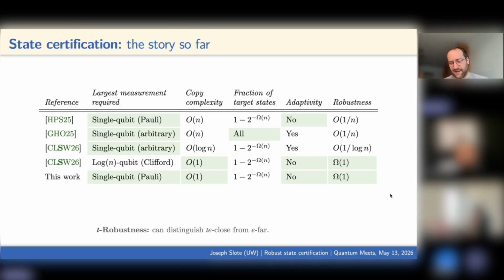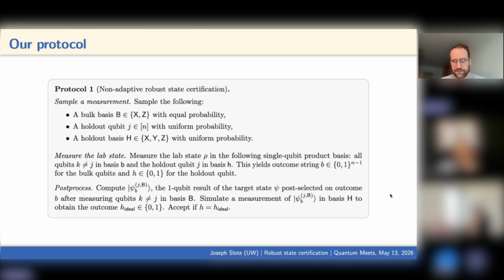Cool. Okay. So the protocol that I'll hopefully be saying some words about how to prove today is very similar to HPS, with a twist. What we do is we have this holdout qubit J here, and in all the other qubits, we decide whether we'll measure in the X basis or the Z basis.